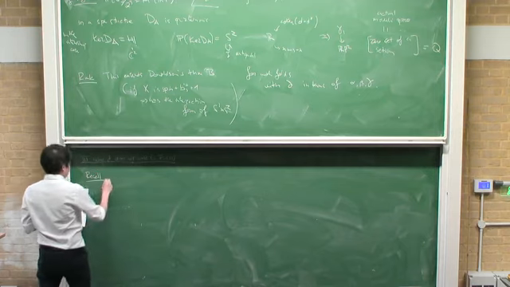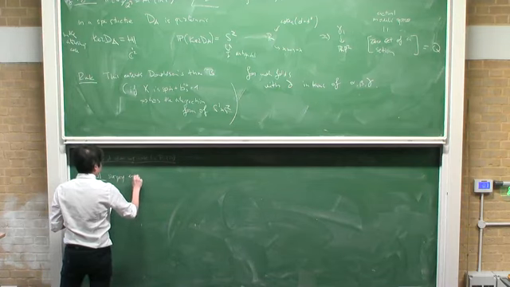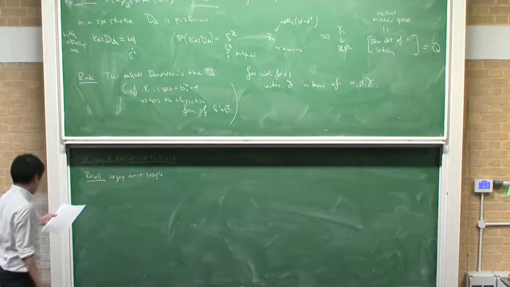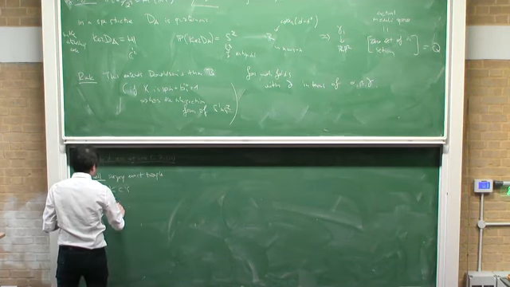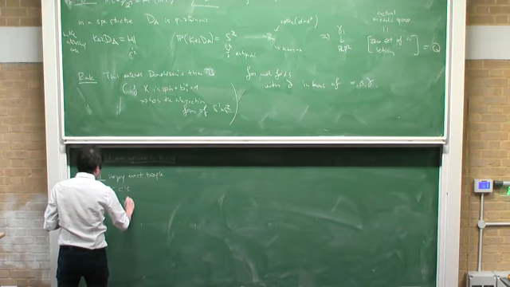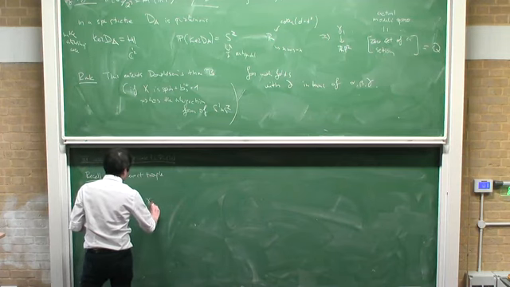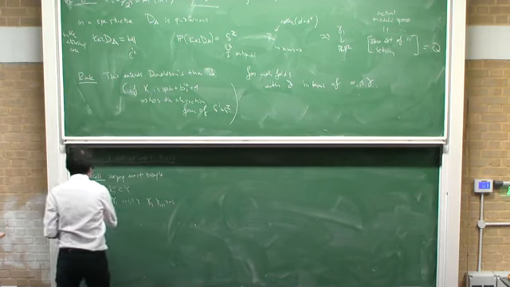So suppose you have a knot in a three-manifold, and you have gamma i for i equals 1, 2, 3, which are framings for which gamma i times gamma i plus 1 equals minus 1.